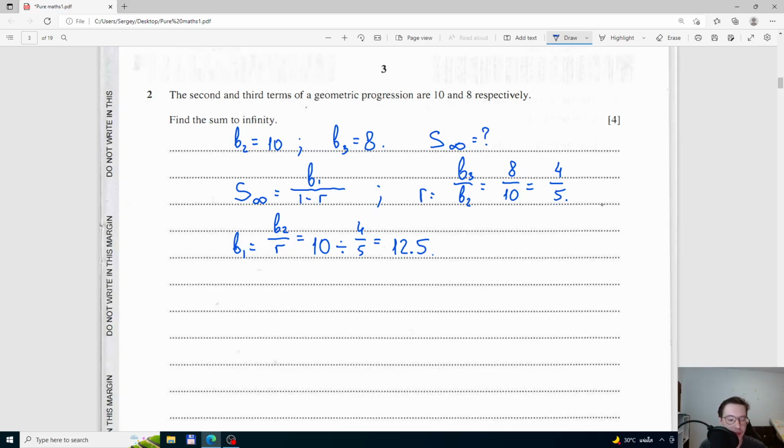And now I'm ready to substitute all the numbers into the formula for the sum to infinity. 12.5, which is the first term, over 1 minus the ratio, which is 4 over 5, or 0.8. And that is 62.5.